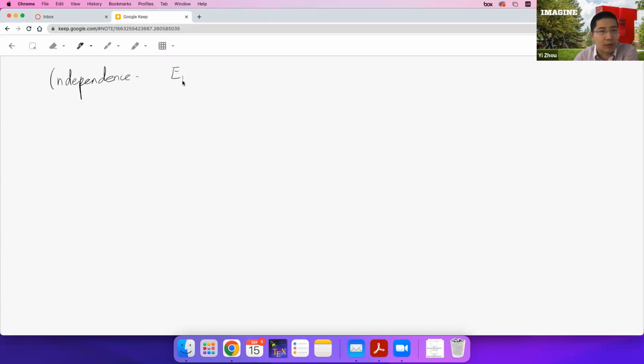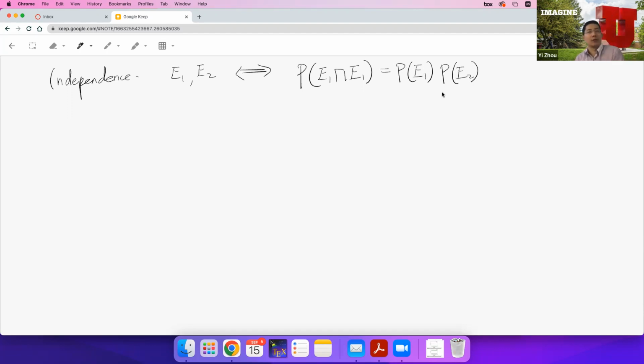If two events E1 and E2 are independent, then by definition the probability of the joint event equals the product of the probabilities of the individual events. This works for two events. We only need to care about this one combination of the two.